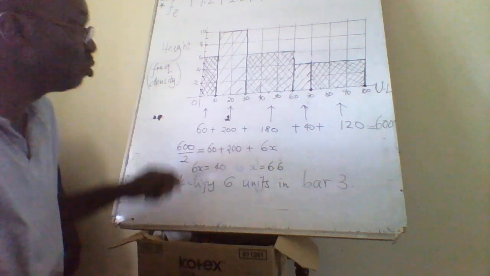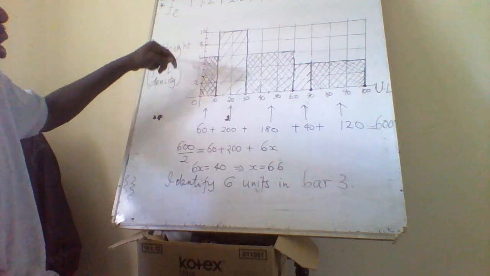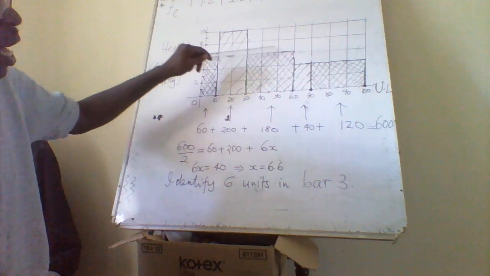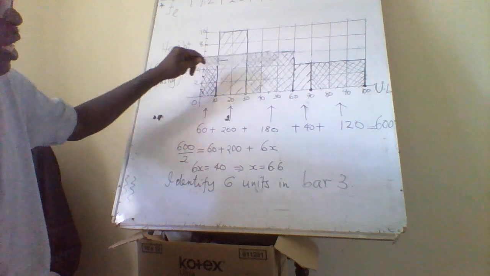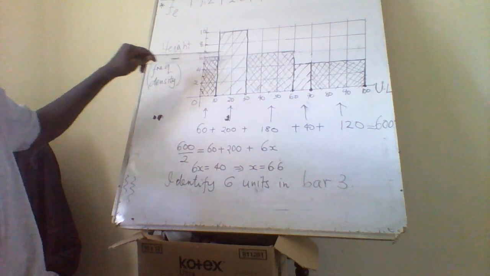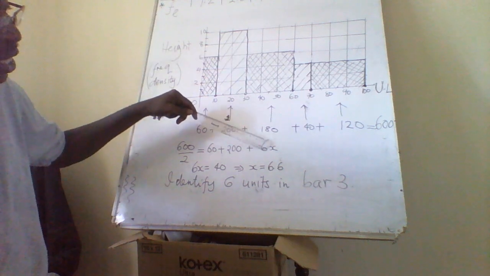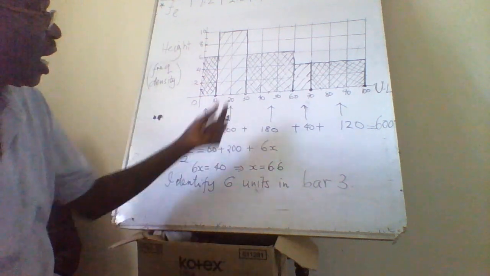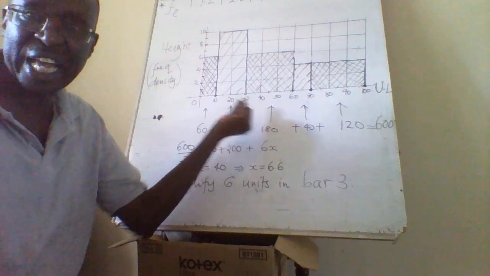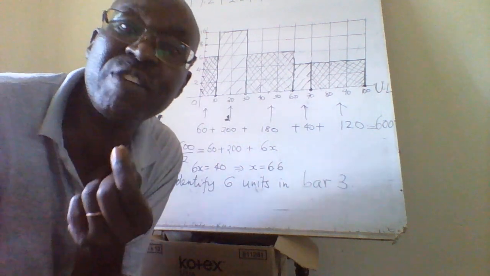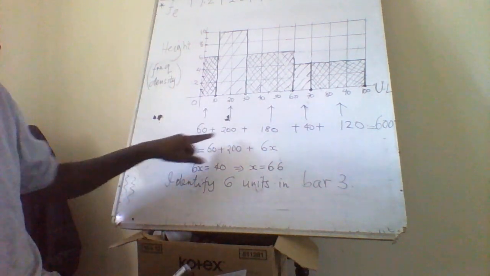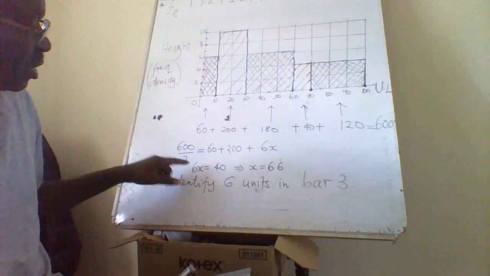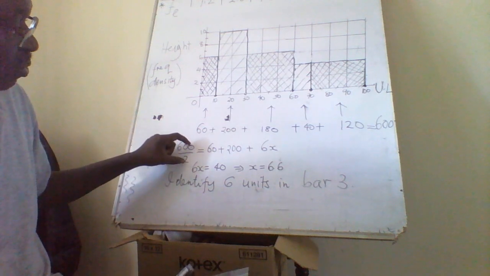So this is what you do. The height is already known. This is the third bar, the entire of this third bar. You can see the height is this. So I write here 6 times x, where x will represent a small width we are looking for. So when you compute, you get 6x. This is 300.